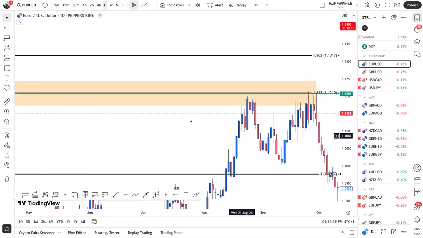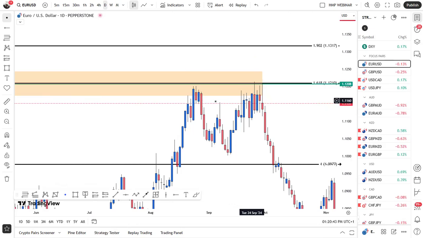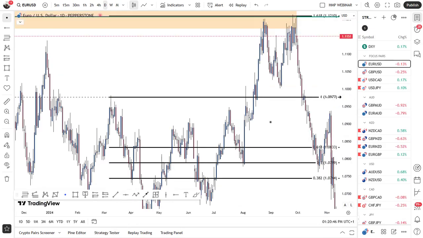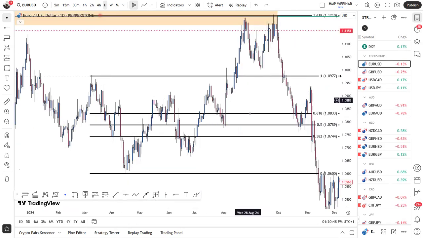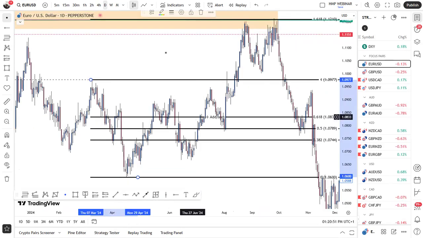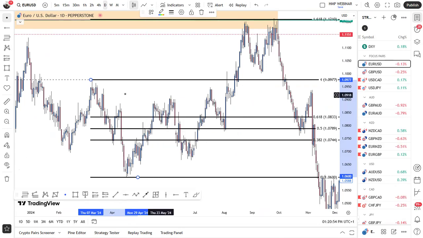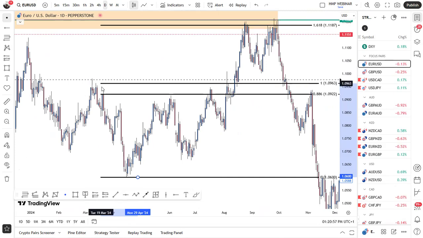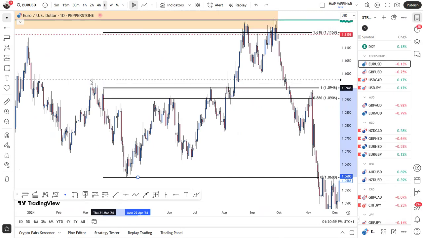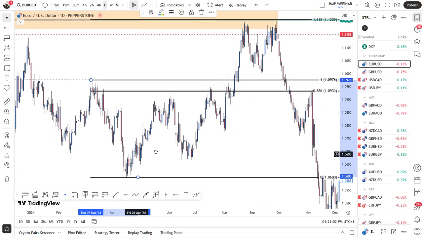You can see what price did. Even before that, price also did another move and then came back and then off you go. So if you're picking this type of entry, let's say for instance now, I don't really know if this is a deep crab. Let me check. Okay, this is a deep crab.